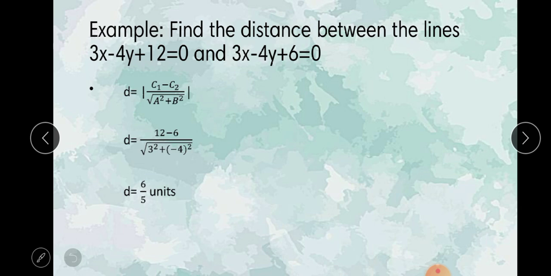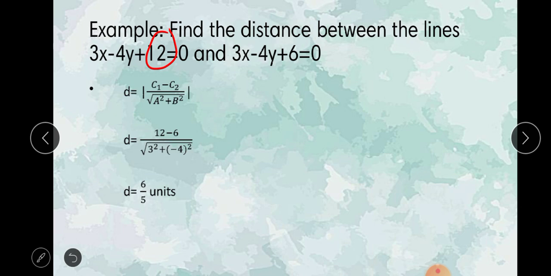So substitute the given values. Substitute the 12, which is the value of the constant in the first equation.